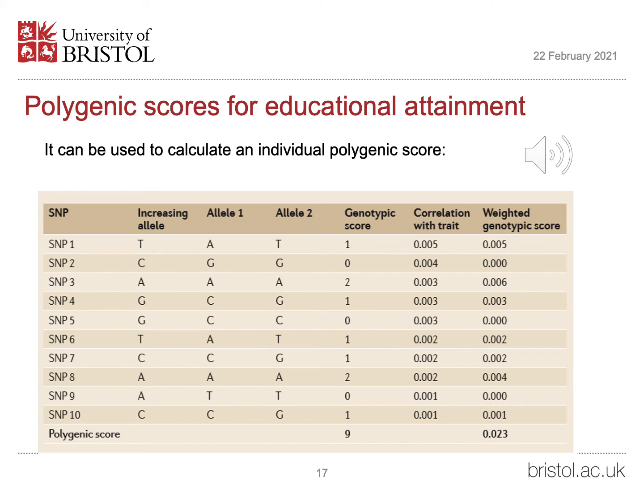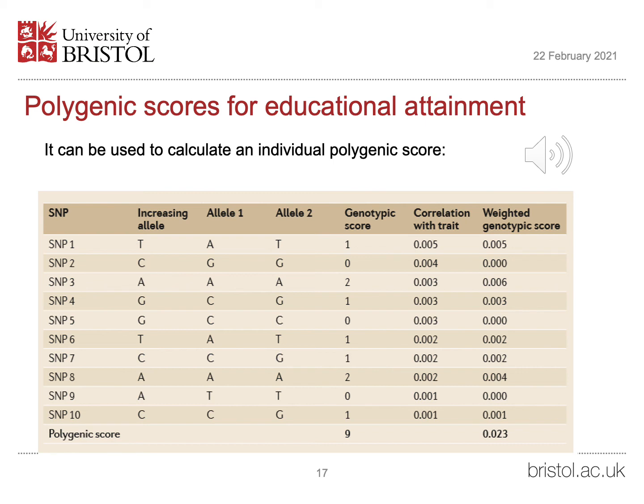The first step is to work out which of the two alleles has the largest effect on the phenotype. For SNP number 8, allele A has the increased effect on the phenotype, and as there are 2 copies of allele A present, the combined contribution of these alleles is 2. That is the genotypic score for that SNP.